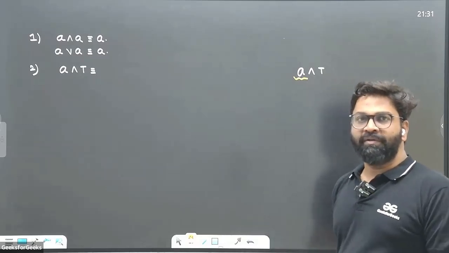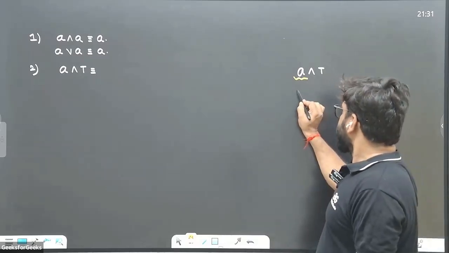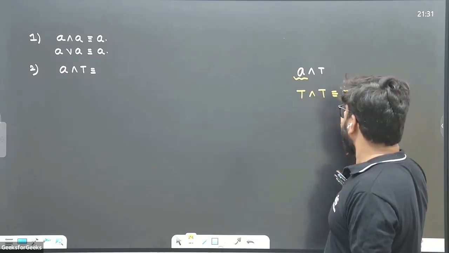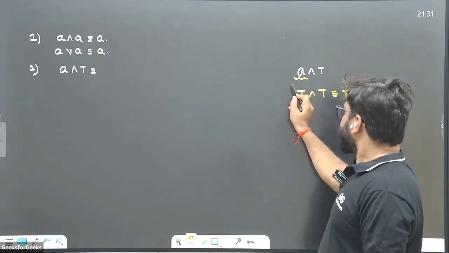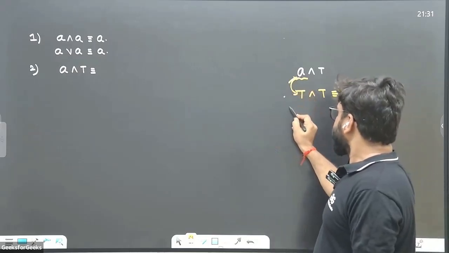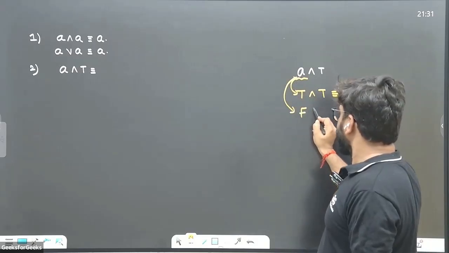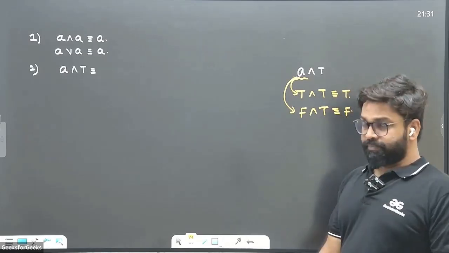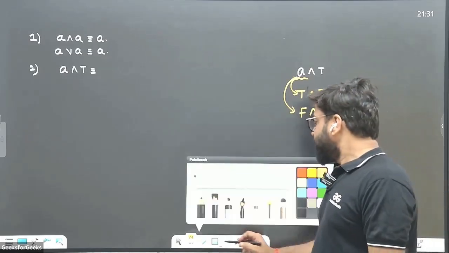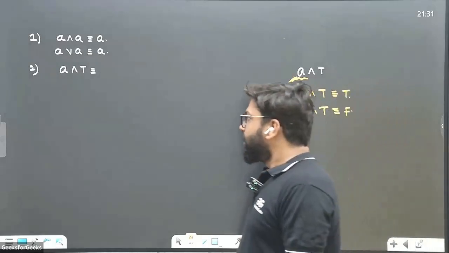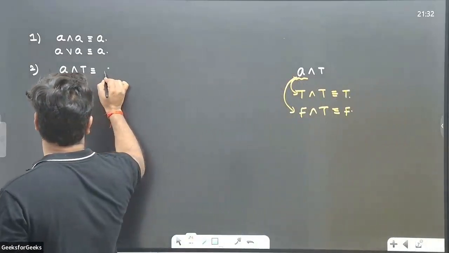I'll try to substitute the value of A. If I substitute A as true, then I get the answer true. If I substitute A as false, then the answer I get is false. So what I'm trying to tell you is that whatever value of A you substitute, you get the same value. So here, A and true, my answer will become A.